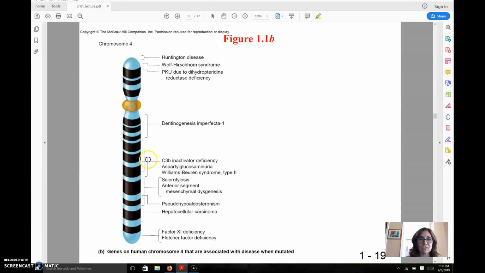C3b inactivator deficiency, and a number of different types of deficiencies are found down here on the lower portion of the chromosome. Normal, or I guess what you would say a wild type gene sequence, gives you a normal trait. If you do not have a wild type sequence, or if you have, let's say, a gene mutation, you may end up with one of these genetic diseases.